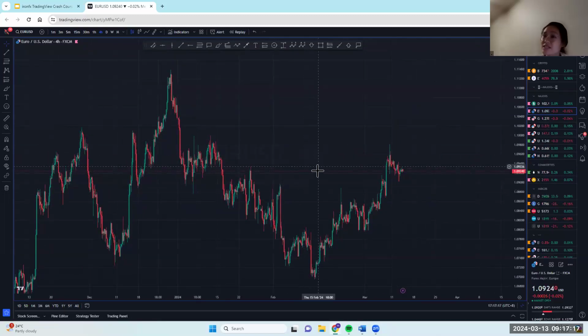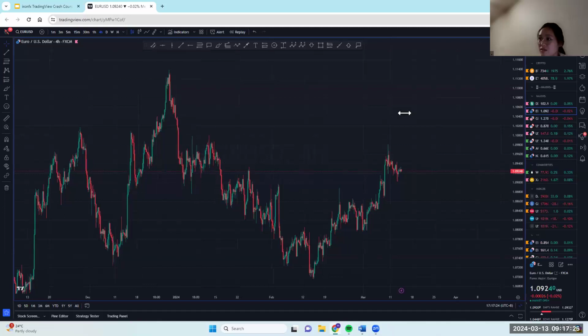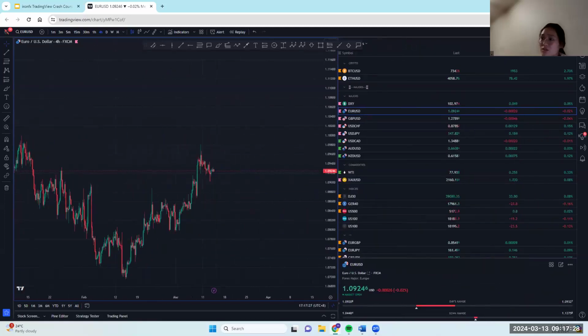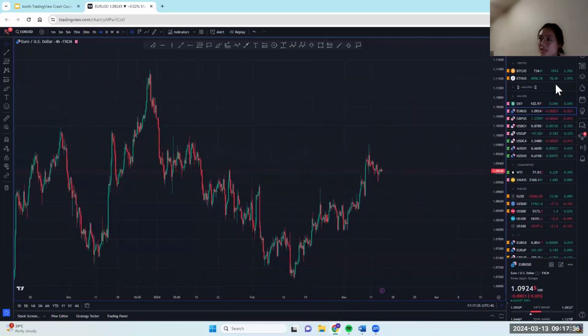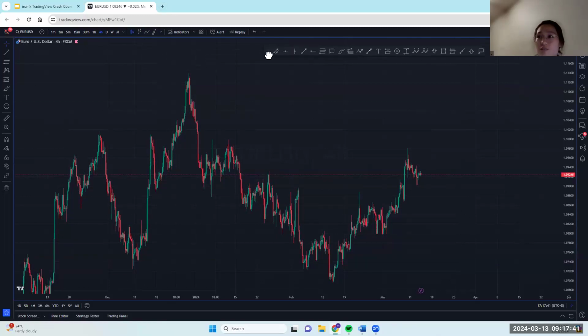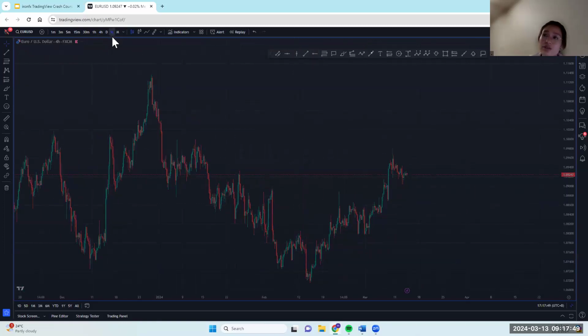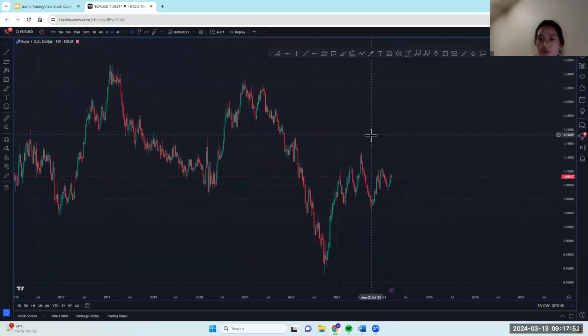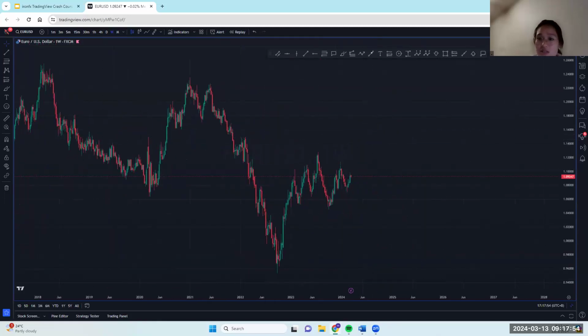To start off with the basic functions, as we went through in our slides, the watch list is over here. Click on it and then you can add some more symbols to your watch list. It can be cryptos, commodities, currencies, really anything. This toolbar here makes things pretty easy because it has all of the functions that we typically use when doing our analysis. I'd like to start off with our higher time frame so that we get an idea of where prices are headed.